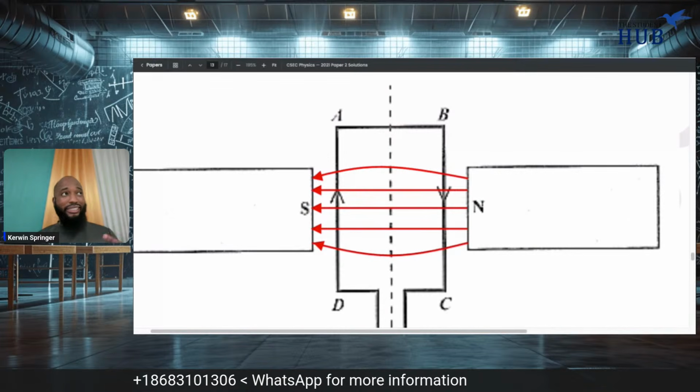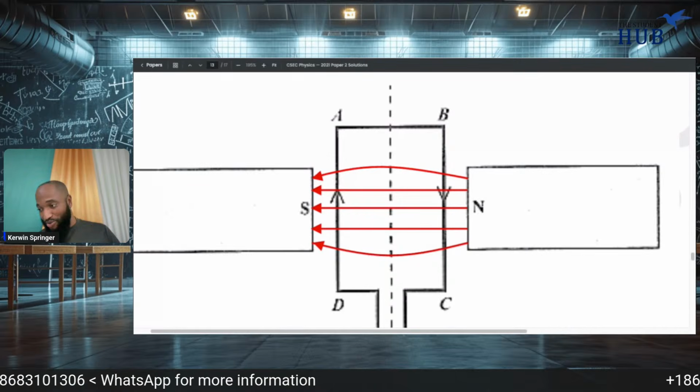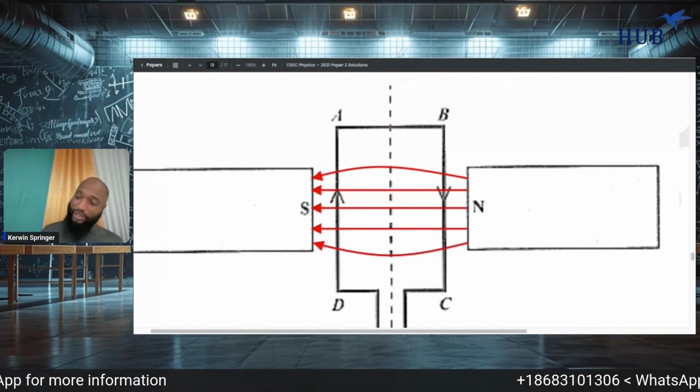I don't see any hands. Use Fleming's left-hand rule and tell me, will AD go down into the paper?